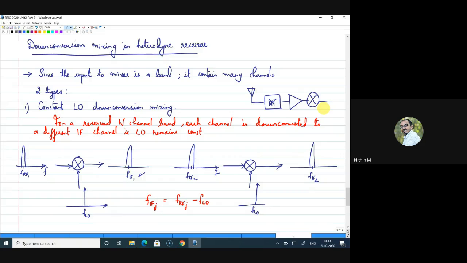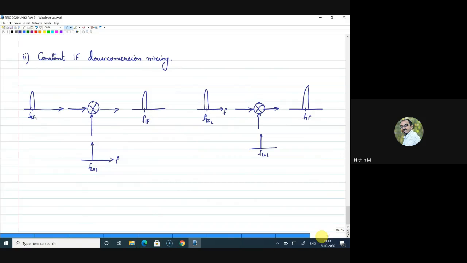The first thing is you should have a variable filter soon after the mixer to select the channel every time, and then all the baseband processing also has to happen at different IF frequencies, right? So in most cases, the design complexity is less when we have constant IF down conversion mixing.